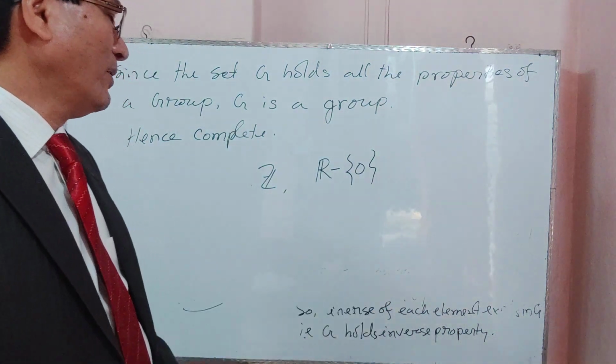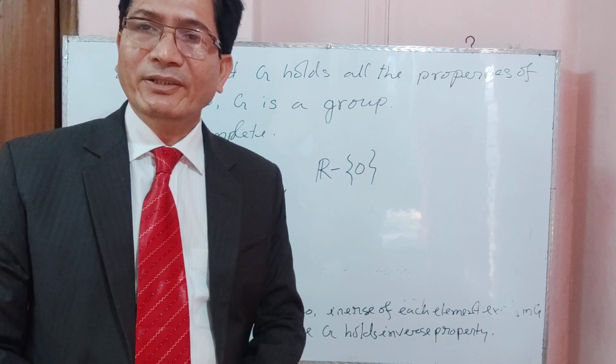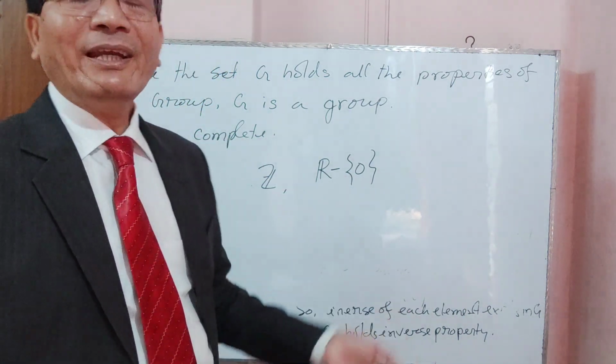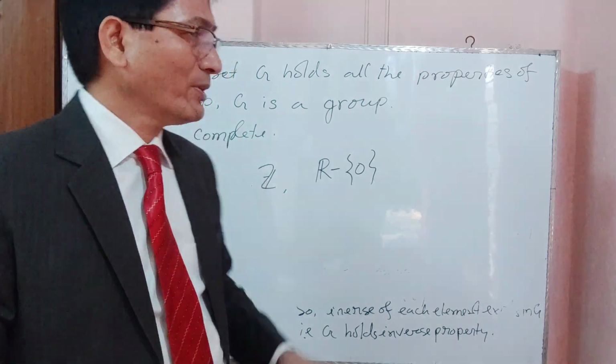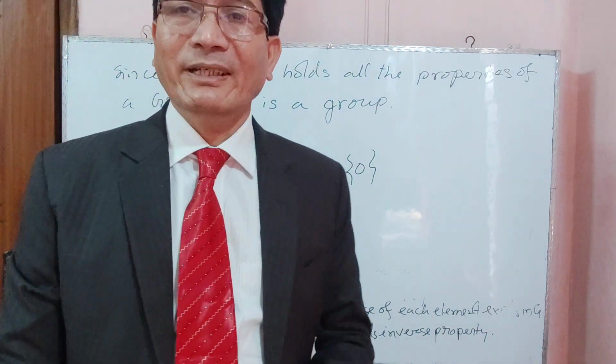These sets form a group under multiplication. The set of real numbers except the element 0 forms a group under multiplication. So following this process, we can prove these sets as groups.